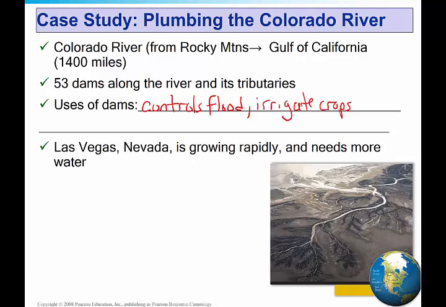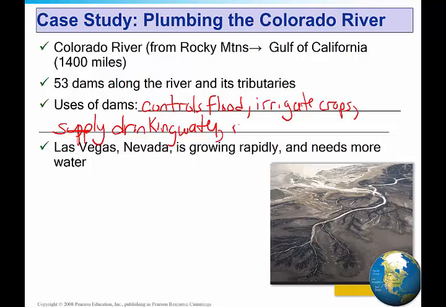In fact, 7% of all U.S. crops are irrigated by the Colorado River. Dams can also be used to create ponds and lakes, which then supply drinking water. In fact, the Colorado River is the source of drinking water for 30 million people.